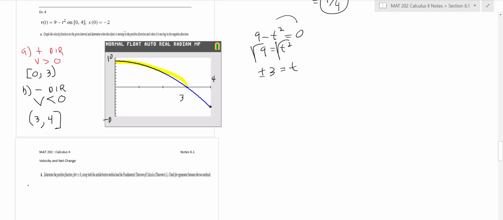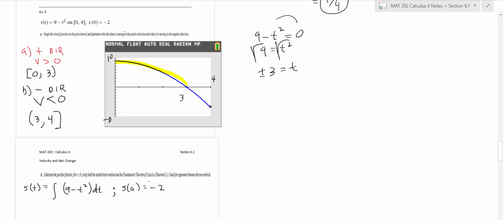So what we have is we know that S of t is going to be the integral of 9 minus t squared dt. And what we also know is this initial condition, S of 0 is equal to negative 2.